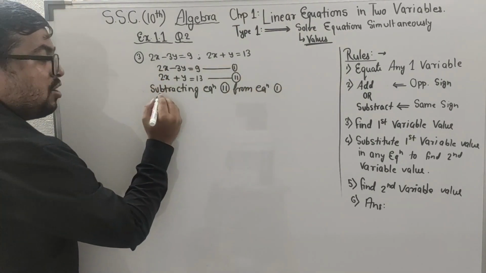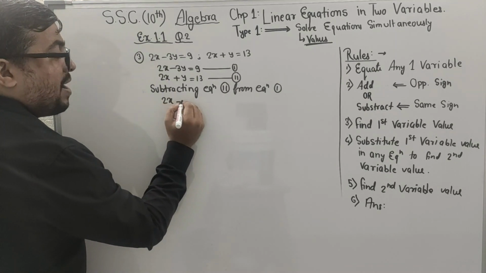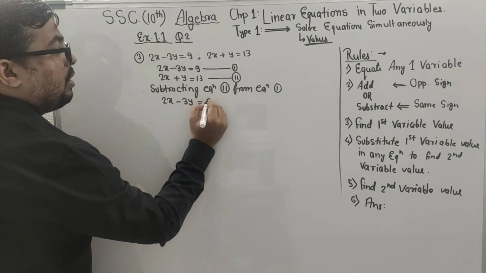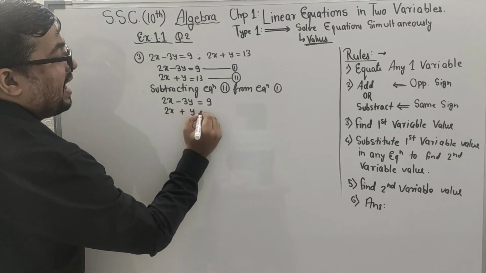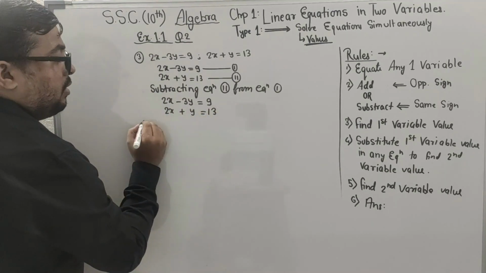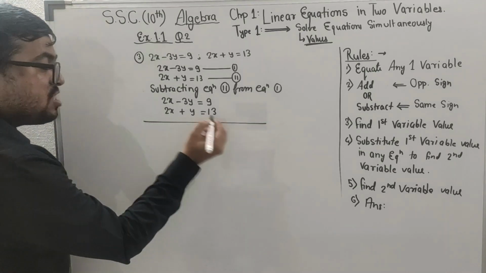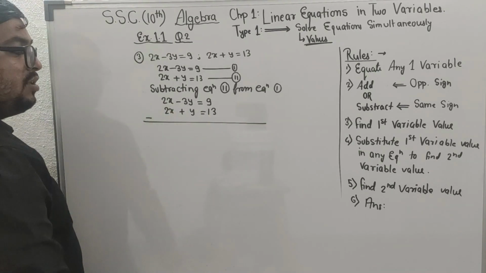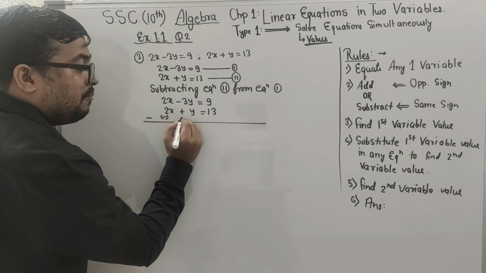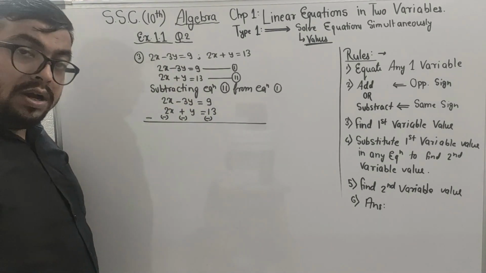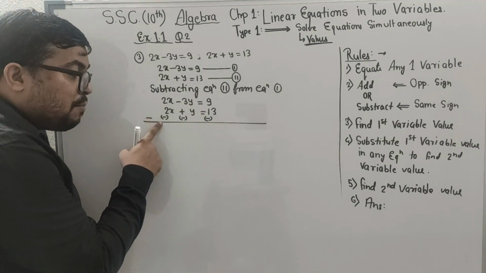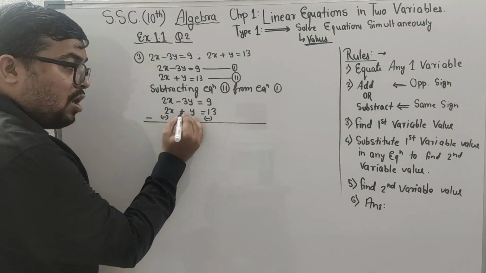What is equation 1 here? 2x minus 3y is equal to 9. 2x plus y is equal to 13. In case of subtraction, students, you have to change the sign. Okay. 2x minus 2x is 0.